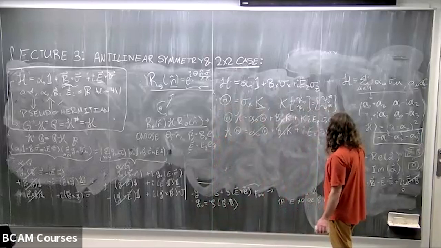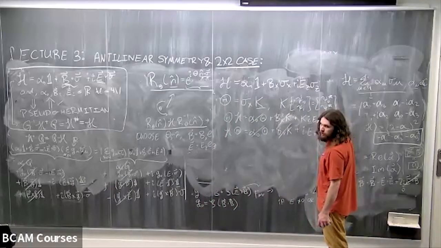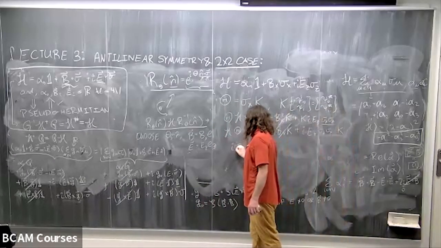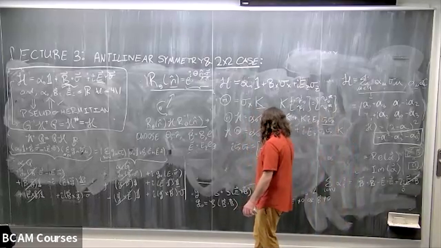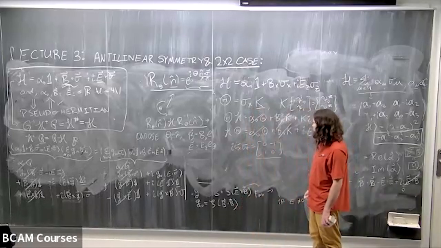So then there's some care that has to be taken. You have to compute this product I sigma x sigma z. Up to a minus sign, it should be this matrix. It should just end up being I times Pauli y.